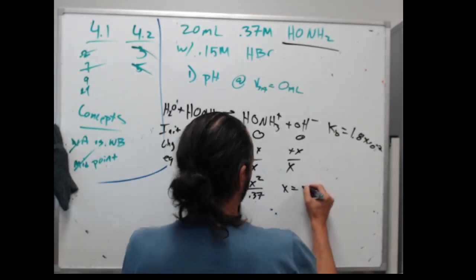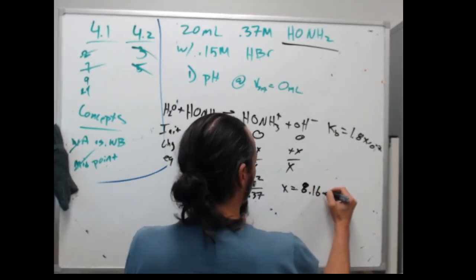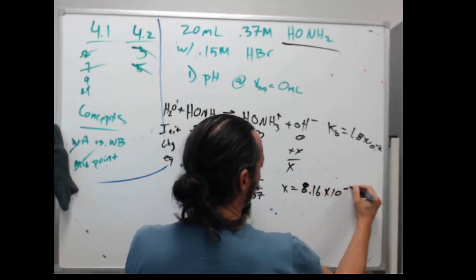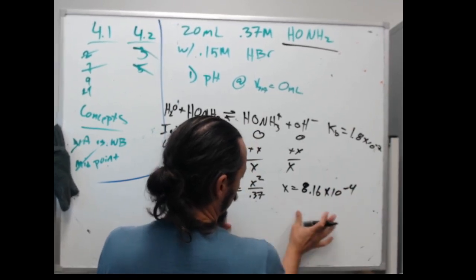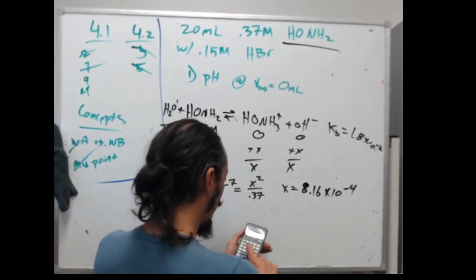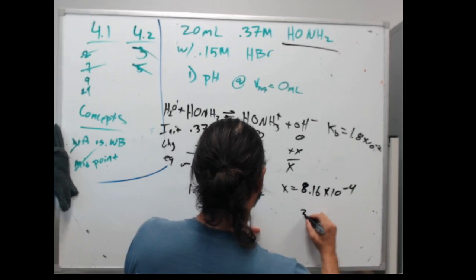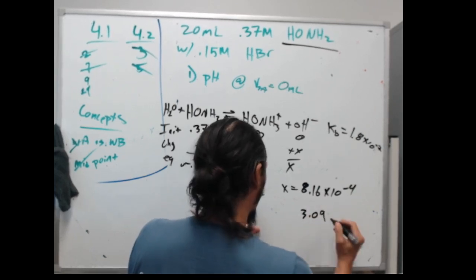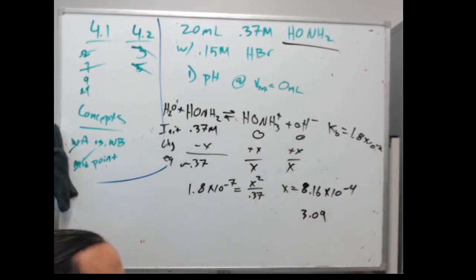We get 8.16 times 10 to the minus 4. I take the negative log of that, and I get 3.09, 3.088. What's the important tricky thing that I didn't write down yet?